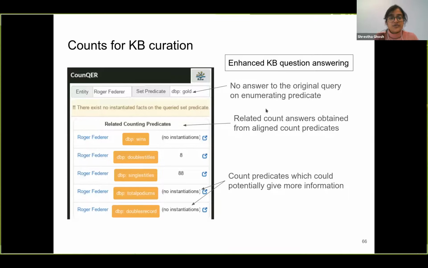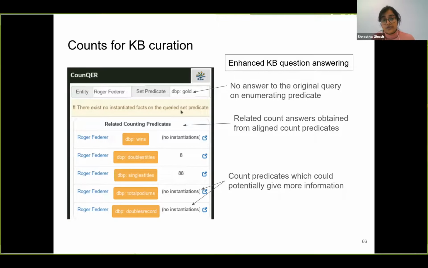You could also use this for enhancing question answering. If you're looking for a particular attribute of an entity, say the number of gold medals won by Roger Federer, even though DBpedia does not have the instantiations for the predicate that you're looking for, you can rely on related counting predicates for getting your results.